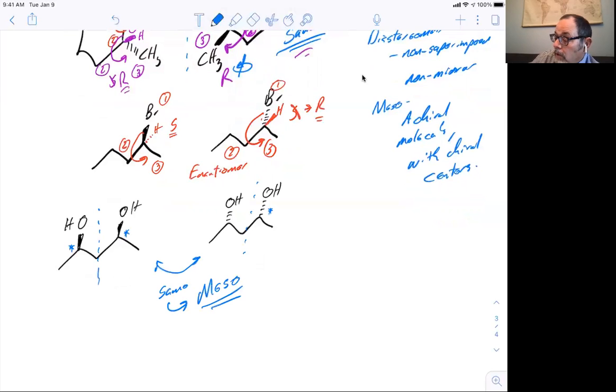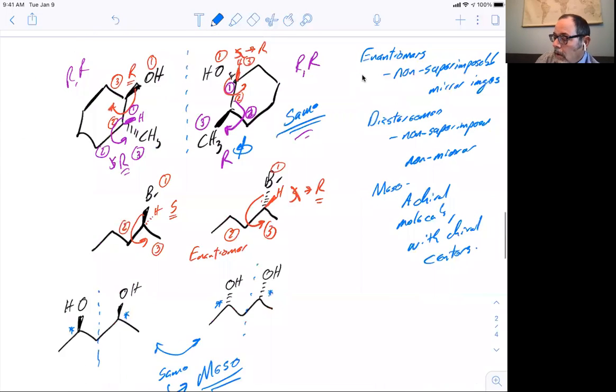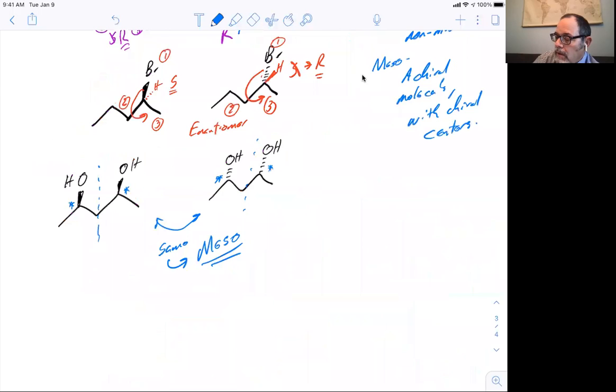And they're the same molecule not because I happen to draw the same enantiomer, like I did up here, but because it is an achiral molecule, right? So it has chiral centers but is an achiral molecule. So what you're looking for in meso is a plane of symmetry. Sometimes it can be hard to see, but you can see a plane of symmetry.